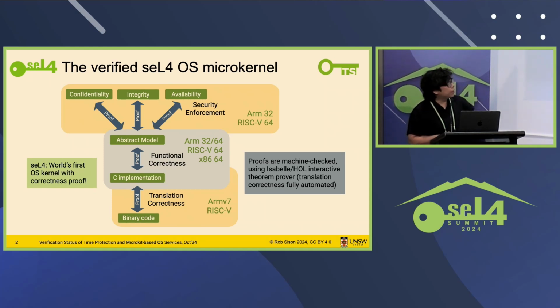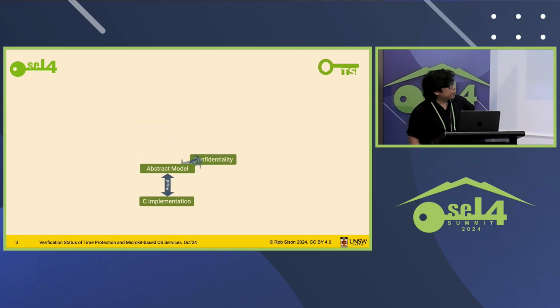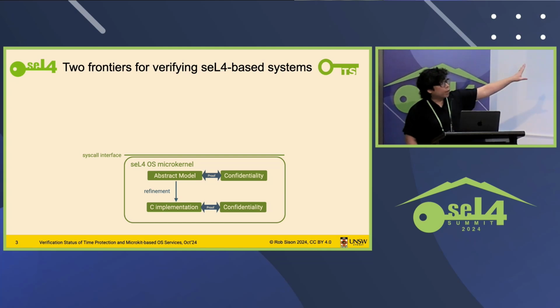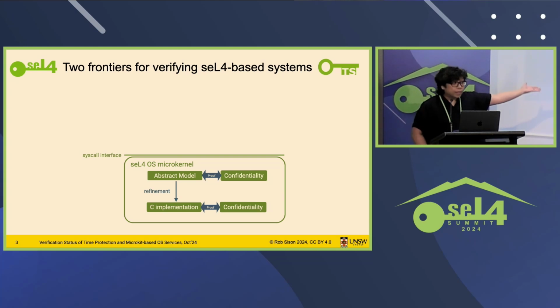Okay, so if we just focus on a few aspects of this, there's much more to do, right? Because what we want to be able to do is prove further properties of the kernel, following the proof structure where we carry properties down via refinement and get the properties we proved about the abstract model.